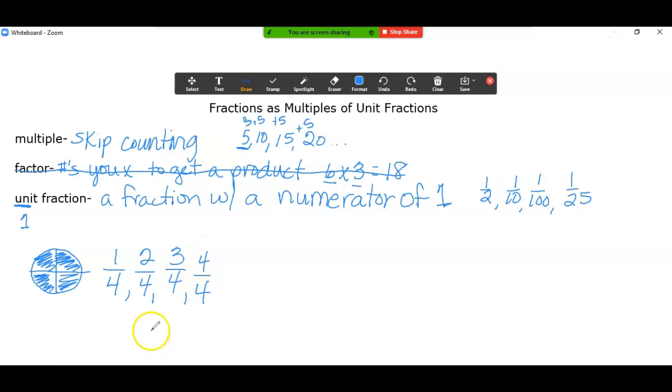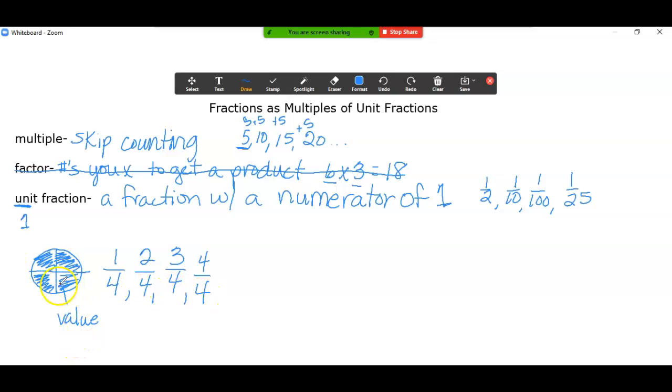So look what's happening. My denominator is staying the same because remember the denominator tells me the value of each of these pieces. It tells me that this piece right here is worth 1/4. This piece is worth 1/4, and so on. So my denominator is not going to change.